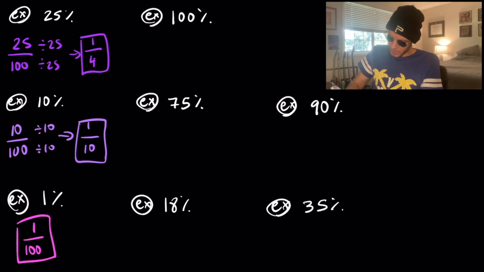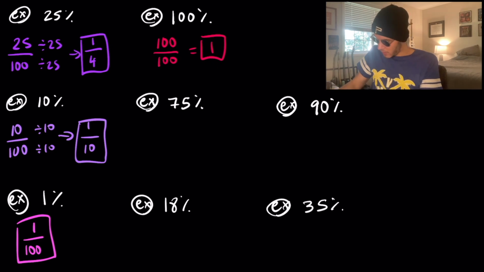All right, 100%, well, that's going to be 100 out of 100. And when your numerator and denominator are the same, or you have the same number over the same number, it just equals 1. So 100% simplified, its most simplified fraction is just 1. All right, 75%, again, 75 out of 100.